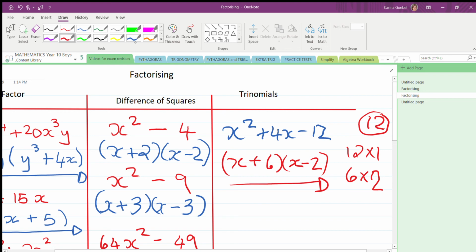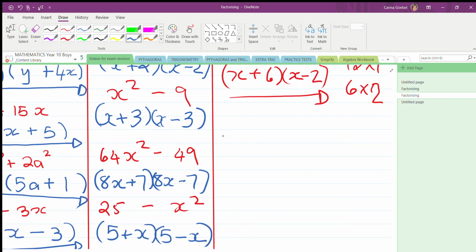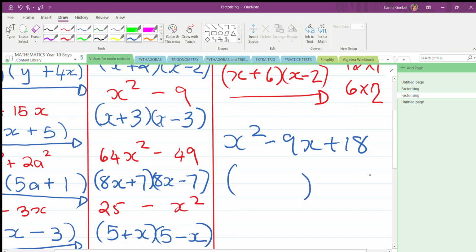Okay, we'll do one more. X squared minus 9x plus 18. A trinomial. By the way, recognize a trinomial. You've got an x squared, an x, and then just a constant. Okay. You have x and x.